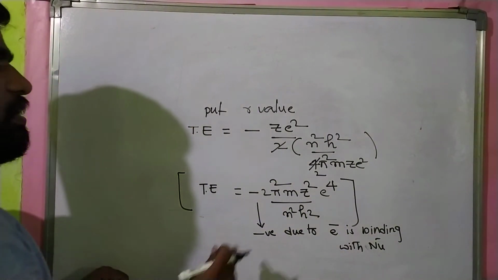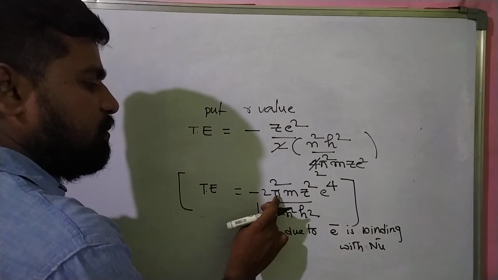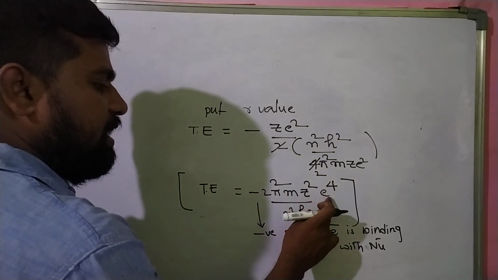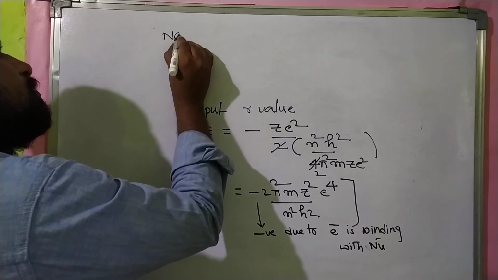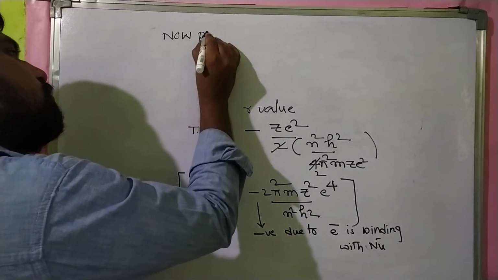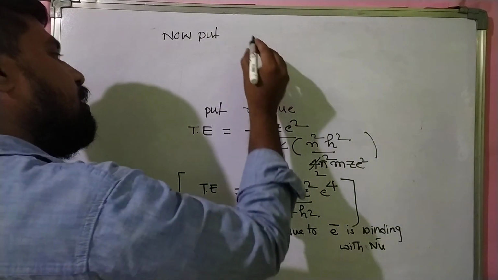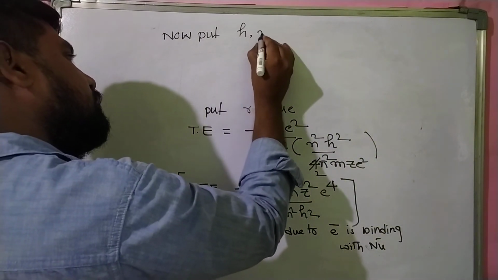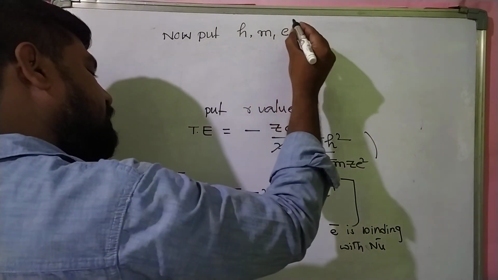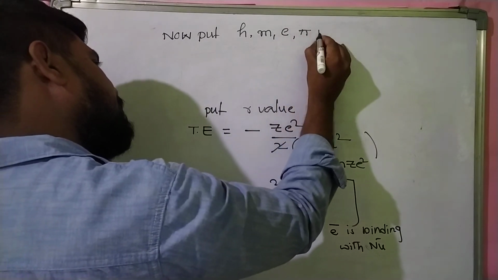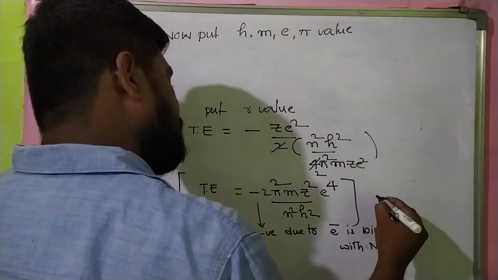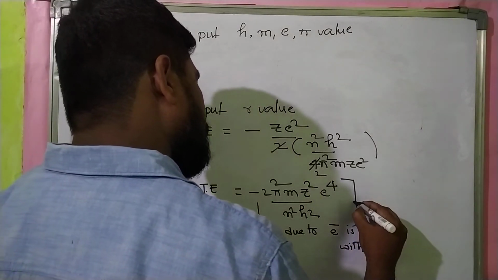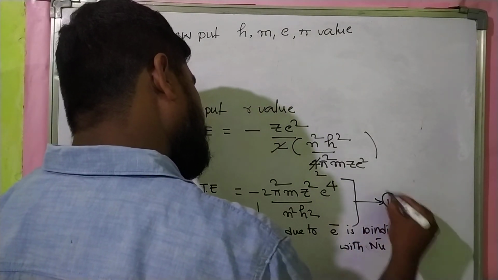Now we know the pi value, m value, e value, h value. Now put the h value, m value, e value, pi value in this equation, equation number 11.